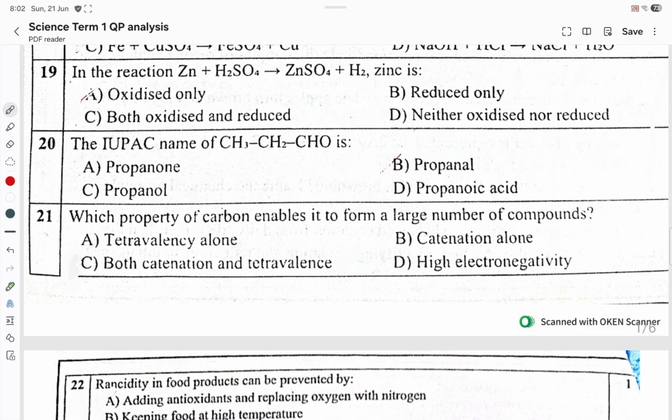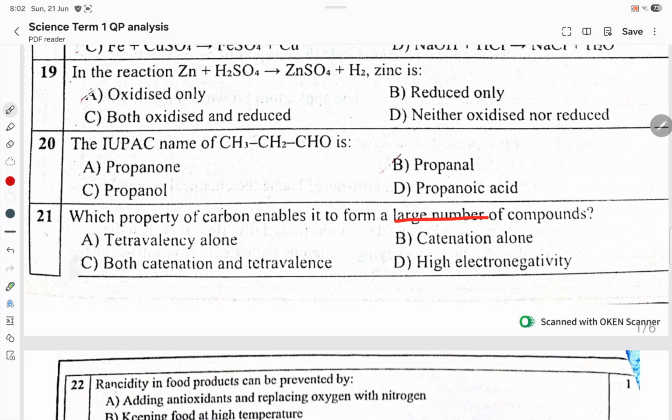The secret behind answering exactly is to read the question a number of times. First of all, we have to understand the question. Then we go through all options, option by option. But it should be speed and accuracy. Now let's see which property of carbon enables it to form a large number of compounds.